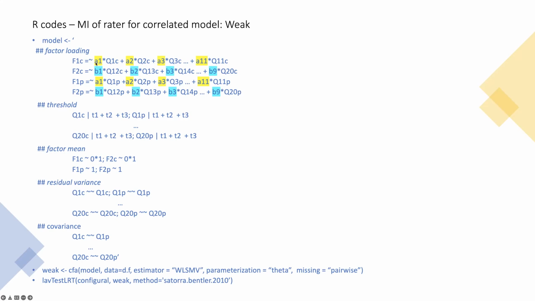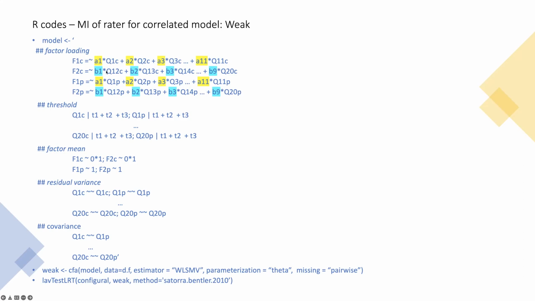It doesn't have to be A1. You can do A, B, C, D, E, F, whatever is simple, as long as these two are the same, the first question for the child and the parent onto their first factor, then R will know that you want to constrain them.